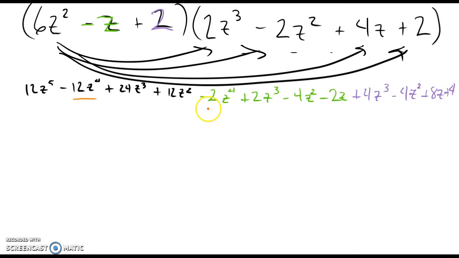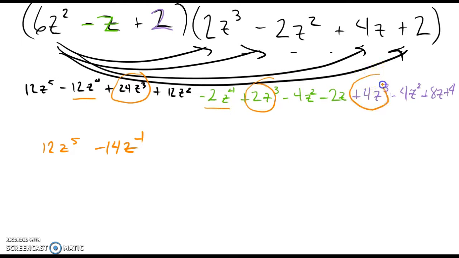So I'm going to combine the z to the 4th, so now I've got negative 14z to the 4th, and that's it. And I've got 12z to the 5th, and now I'm going to do my z cubed. I've got 24z cubed, 2z cubed, and 4z cubed, so plus 30z cubed.